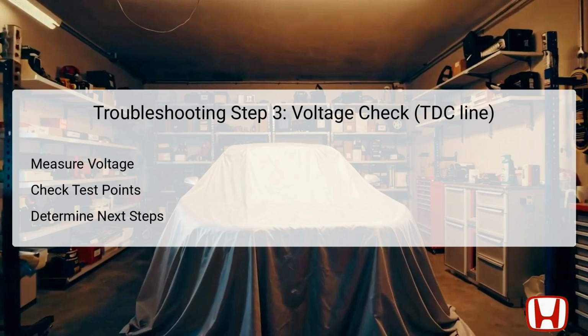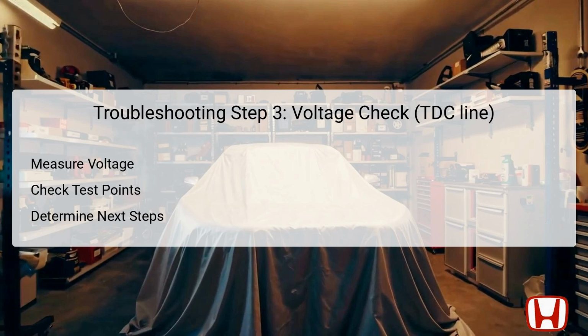Continuing the troubleshooting process, this step involves measuring the voltage from the TDC line to confirm its functionality. With the CMP sensor B connector still disconnected, you will need to measure the voltage between two specific test points. This test should be conducted under the same conditions, in which the ignition is on, with the CMP sensor B disconnected.